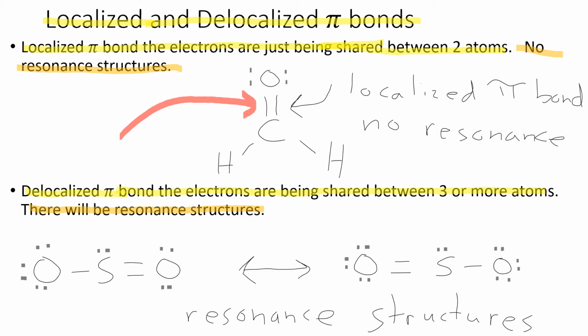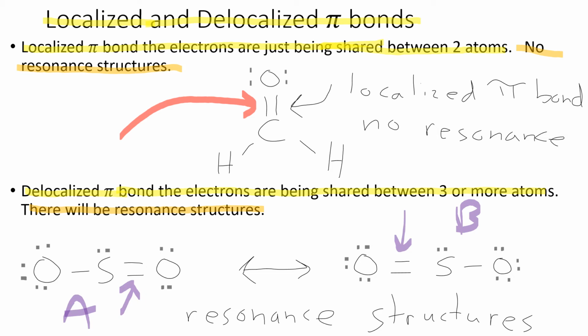So I have the two resonance structures of SO2 on the bottom, and you can see with the resonance structures, the double bond appears to be switching, but we know that it's not switching because it never looks like A and it never looks like B.